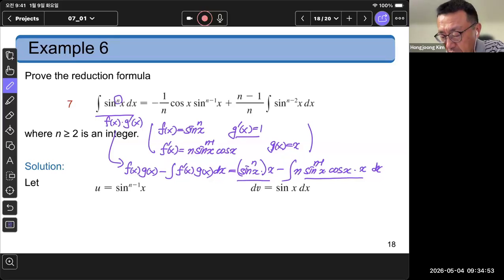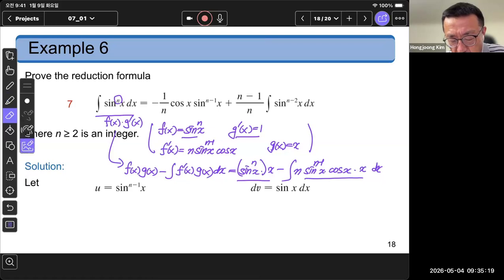It does not become simpler. That's why I made a mistake with f and g prime in this case. My choice of f is not appropriate in this example. Then how can I fix this? So this is not correct, I mean, this is not appropriate.